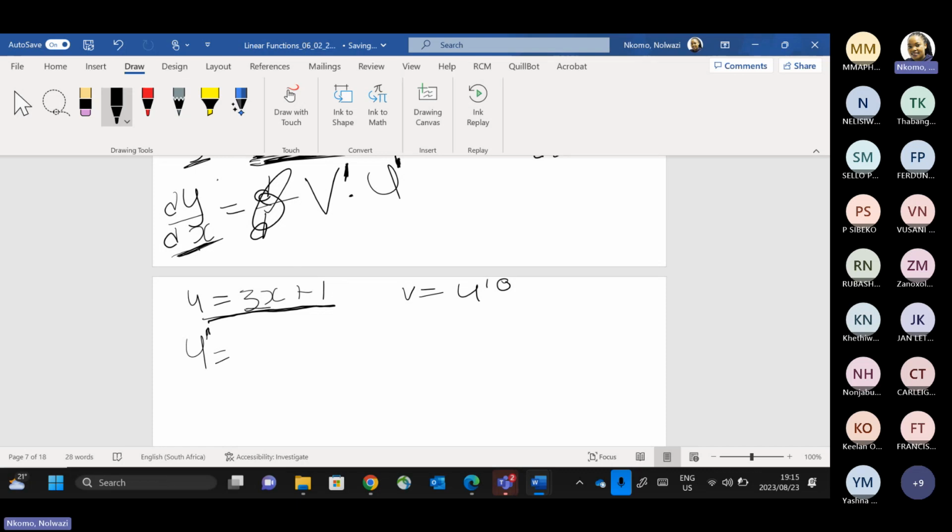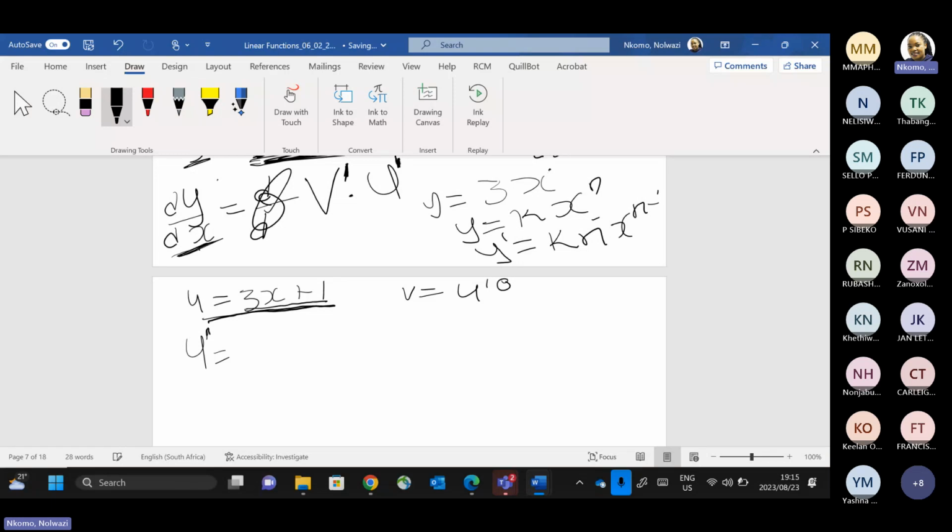Because we have y equals 3x, meaning y equals k x to the power n, and if we have a function like this, y prime would be k n x to the power n minus 1.